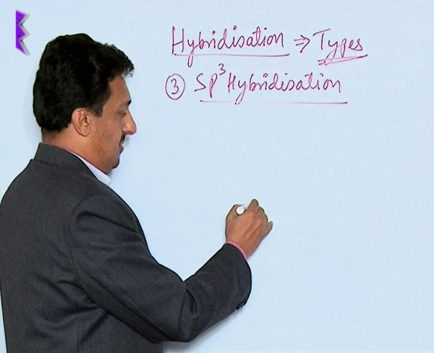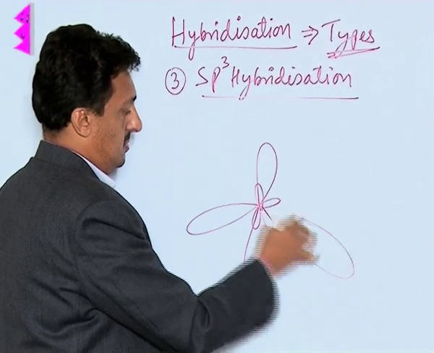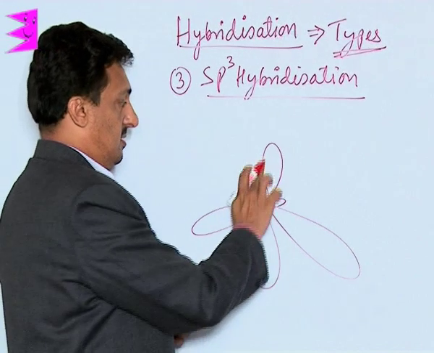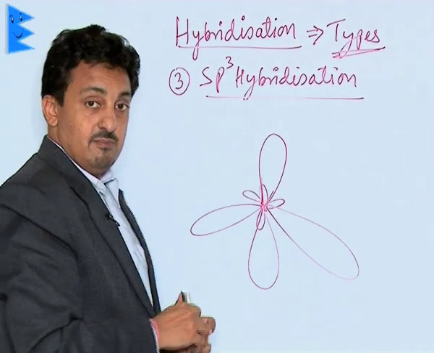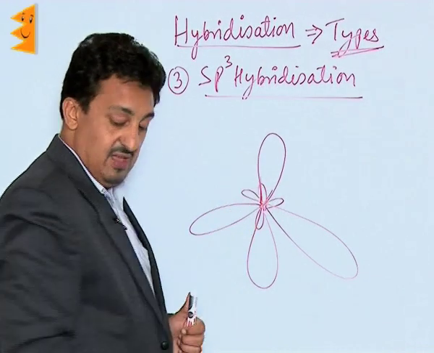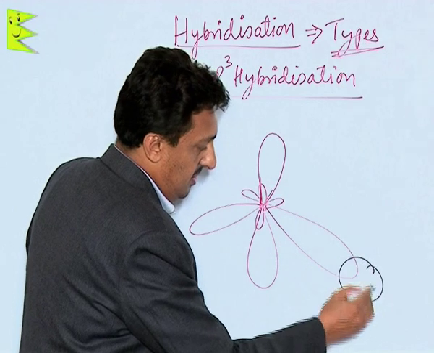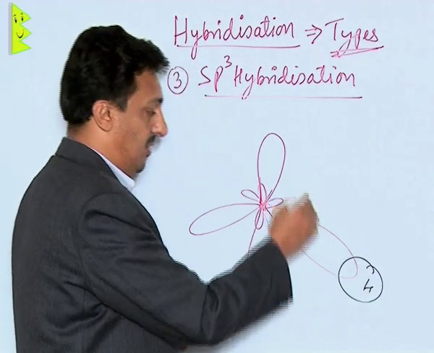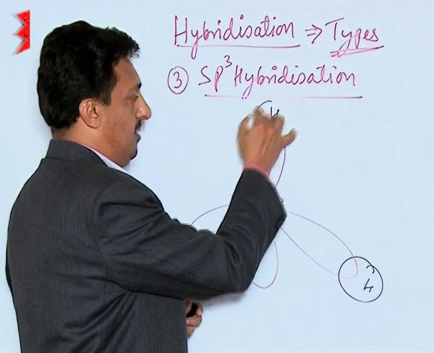This is the main structure of the carbon sp3 hybridized orbitals. Now from here we can see this is how one hydrogen atomic orbital overlaps this sp3 hybrid orbital.